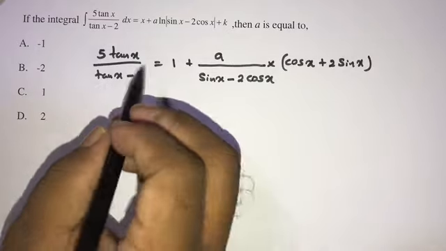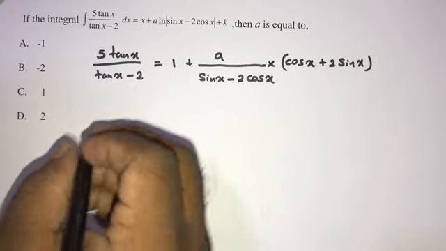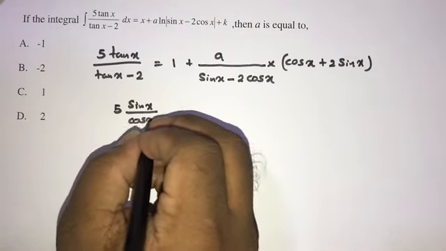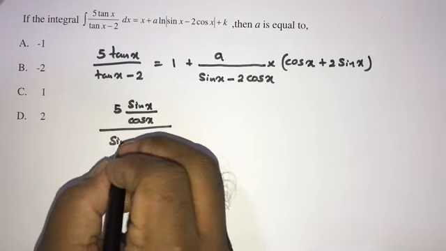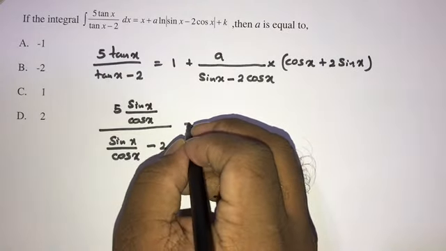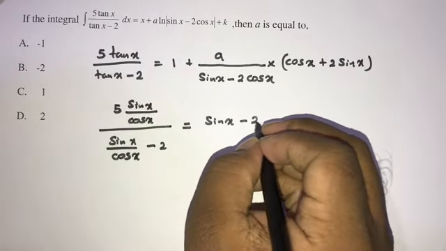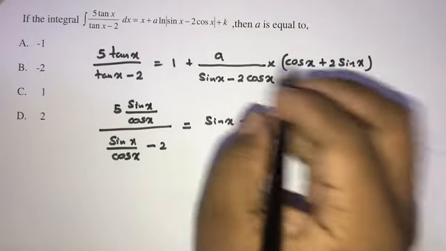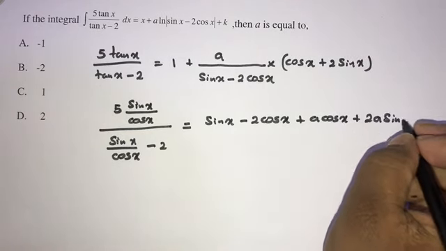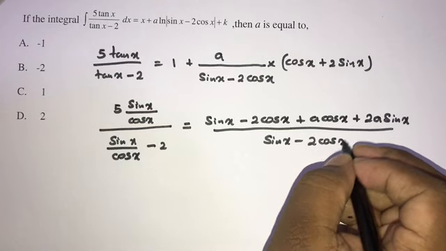Okay, now we can write this function in terms of sine of x and cosine of x, so we can write here 5 times sine of x over cosine of x over sine of x over cosine of x minus 2 is equal to, now we can simplify this, so sine of x minus 2 times cosine of x plus a times cosine of x plus 2 times a times sine of x over sine of x minus 2 times cosine of x.